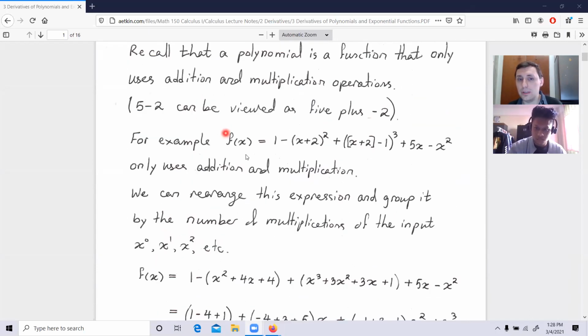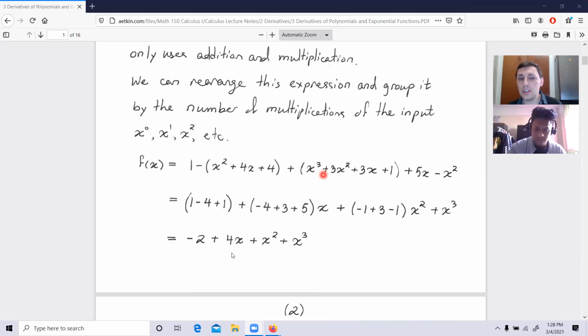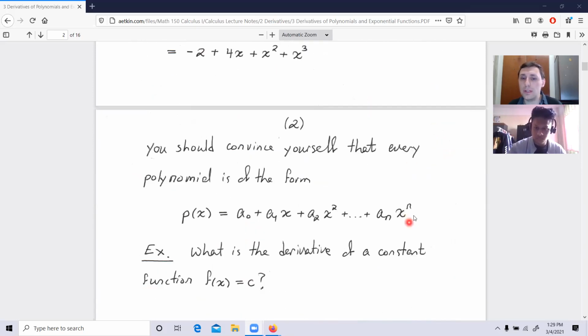For example, if this is my operation, you can see only addition and multiplication were used. Do you agree? I can rearrange it and say -2 plus 4 times 1 times the input plus the input squared plus the input cubed. You understand? That's why polynomials take this form.